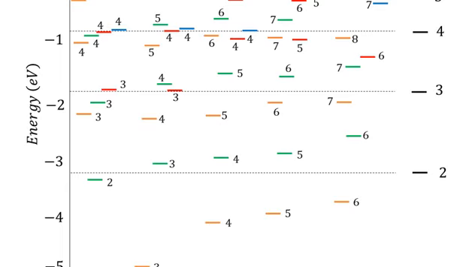For example, if you are talking about the n equal to 5 and L equal to 0 level of potassium, you can also compare the corresponding levels of sodium and rubidium, etc., to see how the energy trend changes.